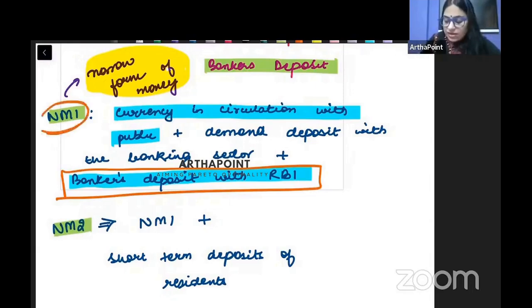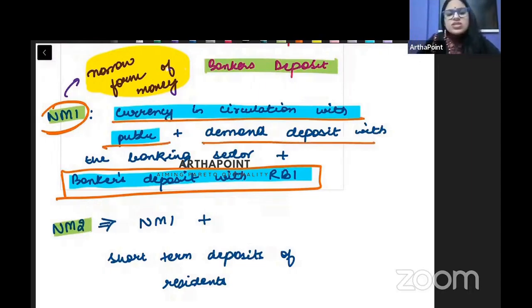So NM1, which is the most narrow form of money, included currency in circulation with public. It includes demand deposit. Demand deposit, as the word suggests, those deposits which can be taken back from the bank on demand. मतलब मैं आज जाके बोलूं मेरे को ये पैसा वापस दे दो, तो बैंक को देना पड़ेगा. Bank will have to give back your deposit on your demand.